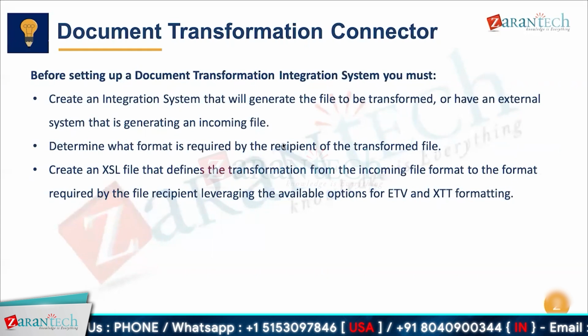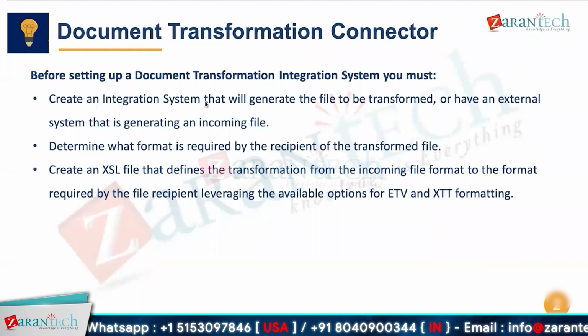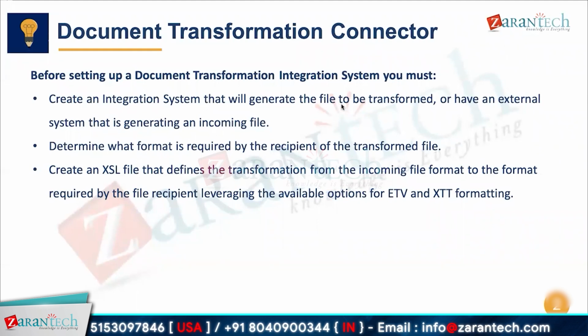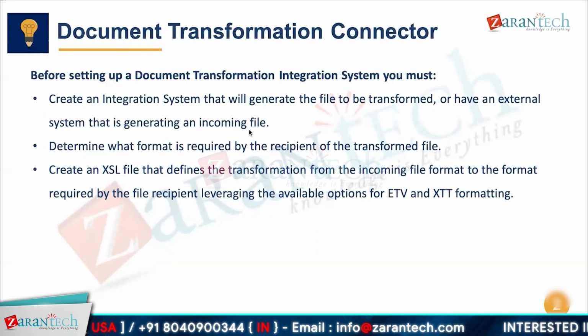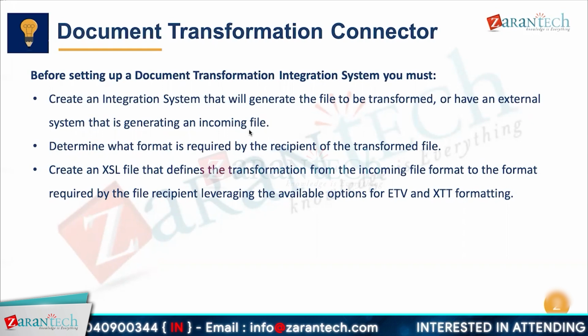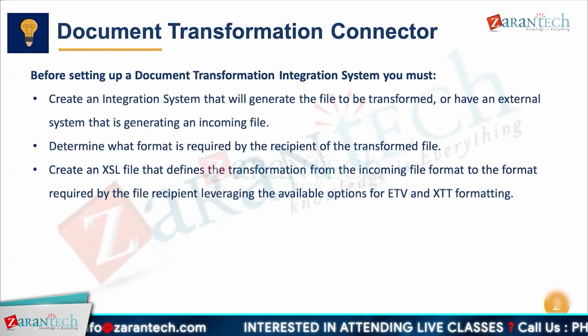Before setting up a document transformation integration system, you must create an integration system, as I was just doing, that will generate the file to be transformed, or have an external system that is generating an incoming file. Of course, if we are targeting to transform a document, first of all that document should exist.